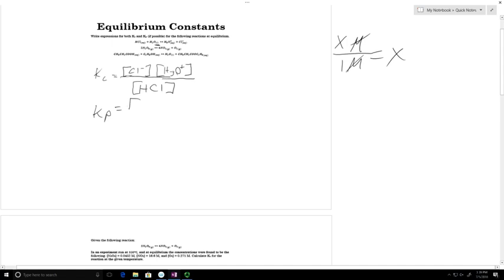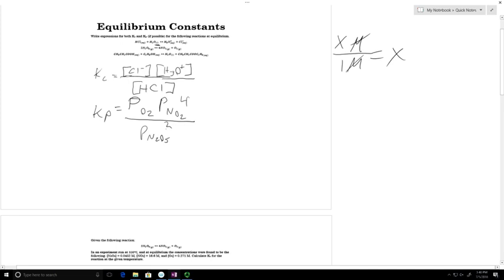So we've got, actually this would be a P, P of O2 times P of NO2 to the 4th power, all over P of N2O5 to the 2nd power.